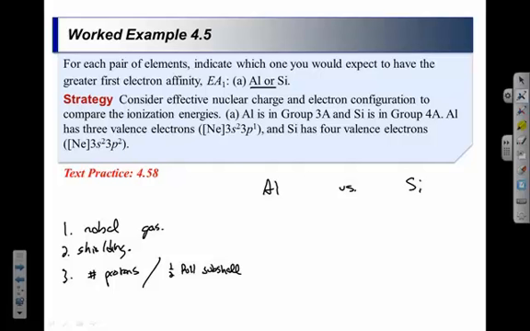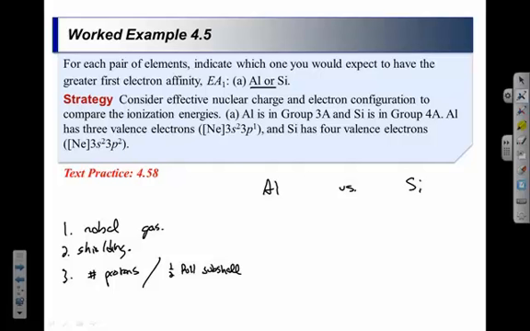Between aluminum versus silicon, is there a significant difference in the shielding? No. They both have their valence electrons in the third energy level. So they both have 2 levels of shielding, doing the majority of the shielding, and then they have the third level where that new electron is going to come in. So also, when you're talking about electron affinity, you're not really thinking about the electrons that are already there as much as you're thinking about what it's going to look like when a new electron comes in, right?